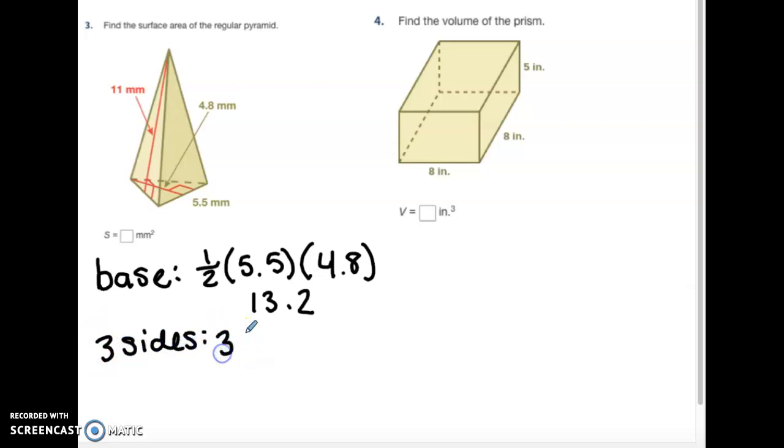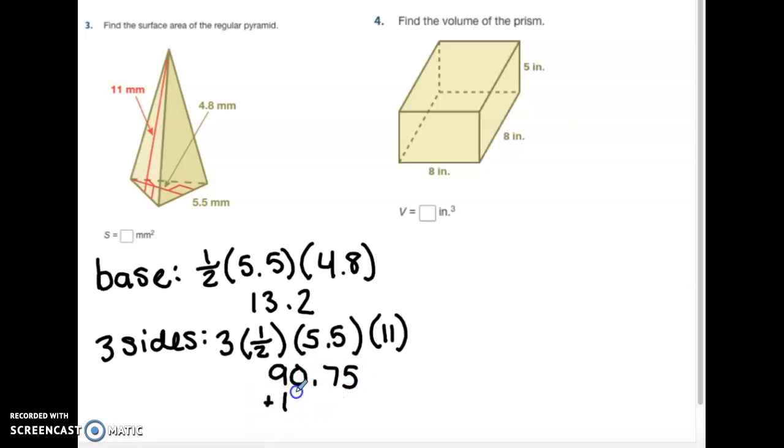So 3 times 1/2 base times the height of the whole pyramid is 11. Put that in your calculator, we get 90.75. Add the base. Total surface area is 103.95 millimeters squared.